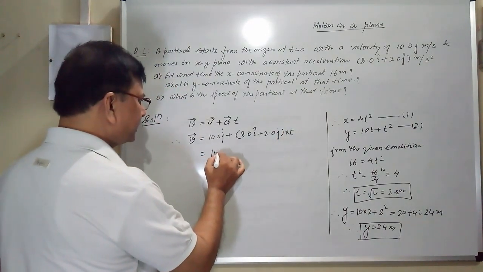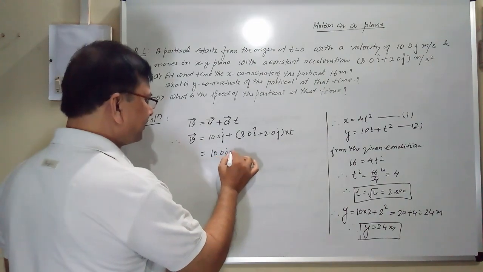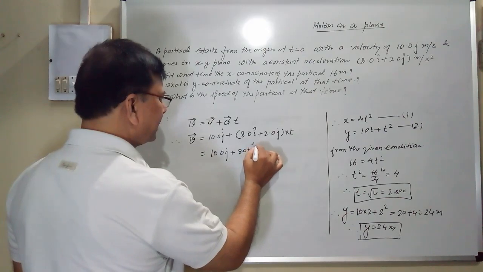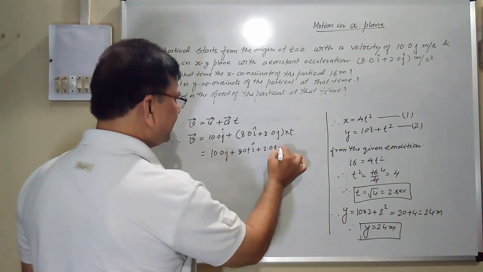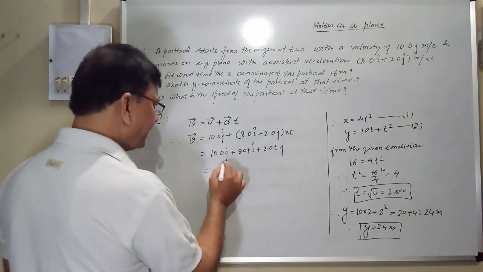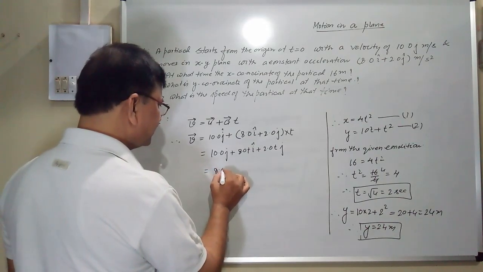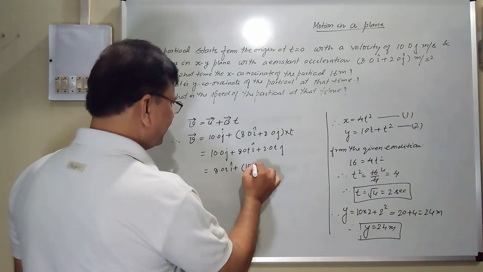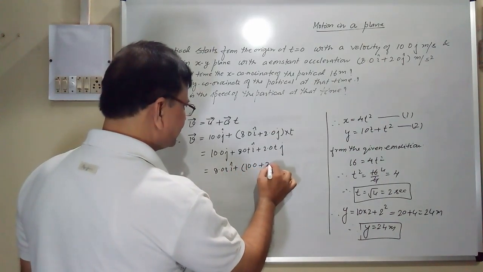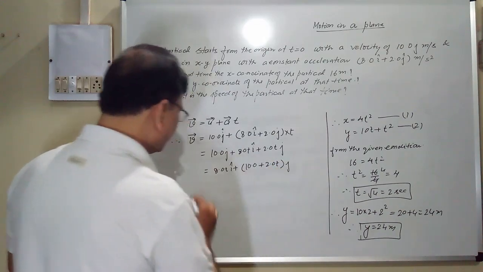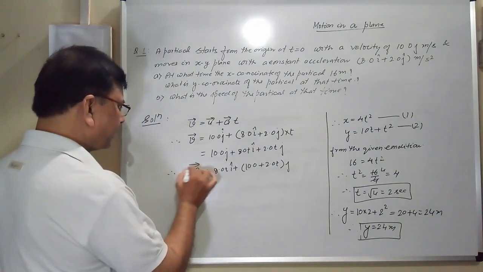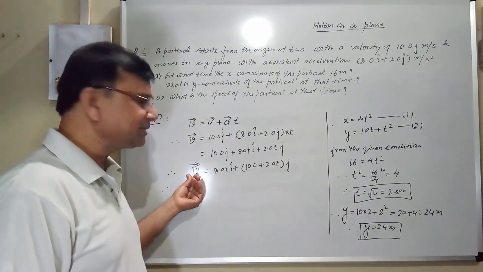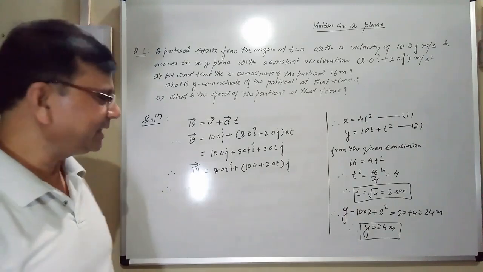That is equal to 10.0 j plus 8.0 ti plus 2.0 tj. So we can write 8.0 ti plus 10.0 j plus 2.0 tj. This is equal to v bar, and we have to find the speed. So velocity just we'll find, then we'll find the magnitude, that will be the speed.